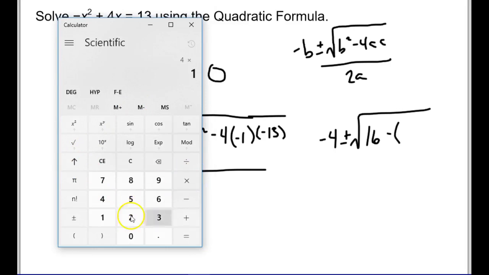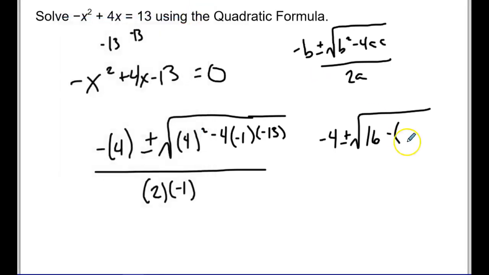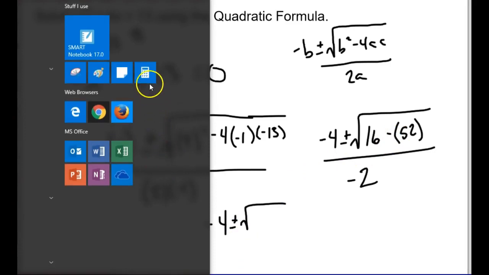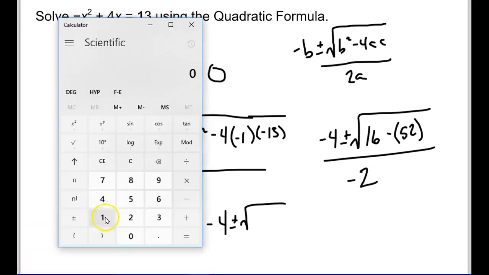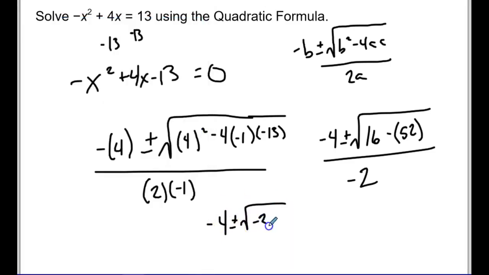So 4 times 13 is 52 over negative 2. So here I see I have a negative 4 plus or minus the square root of 16 minus 52. So again, we can use our calculator if we need to. So I've got 16 minus 52 is a negative 36 over this negative 2.